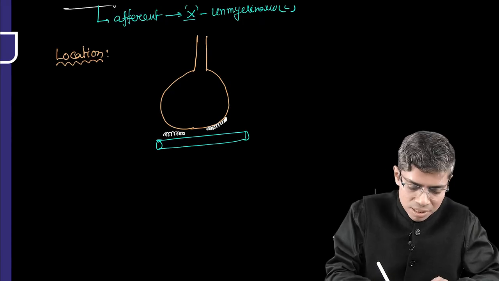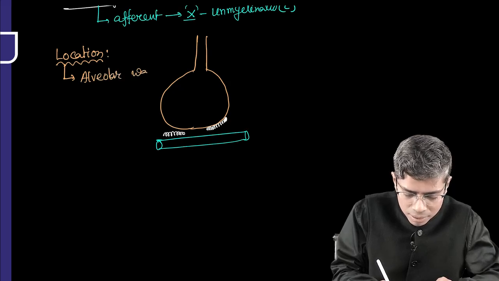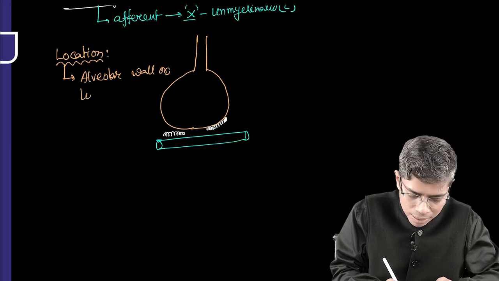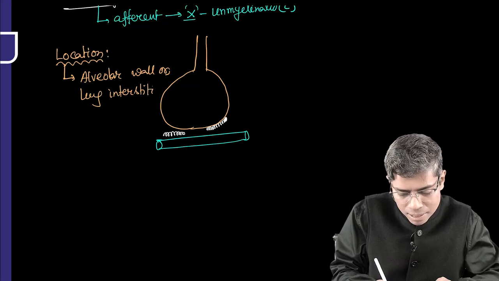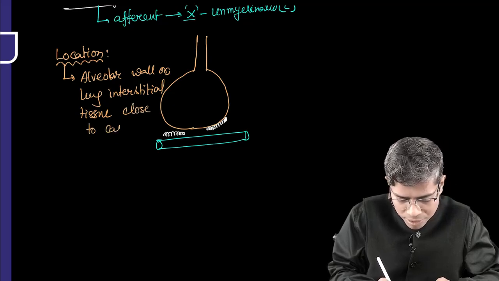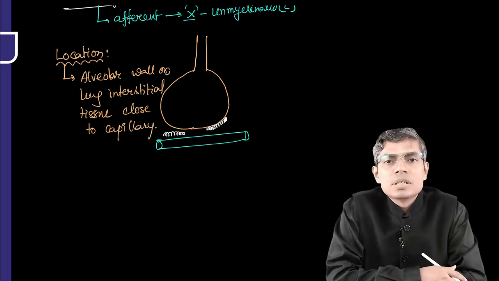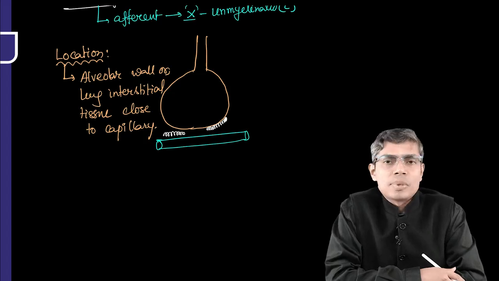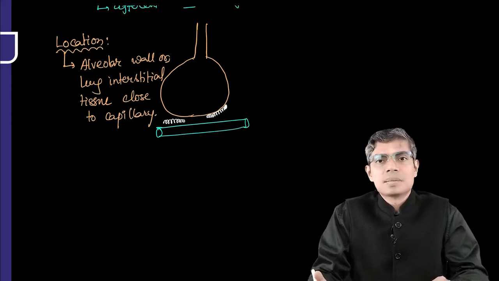So the location of this J receptor is alveolar wall or lung interstitial tissue close to pulmonary capillary, right? This is important information you have to remember about J receptor, or juxtacapillary receptor, juxtapulmonary receptor. So this is J receptor.